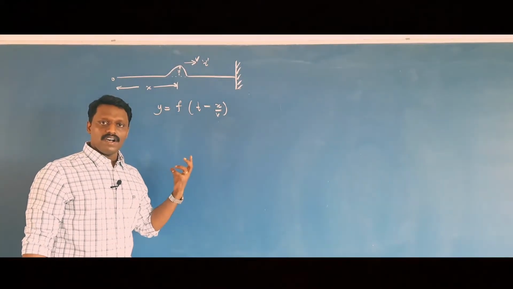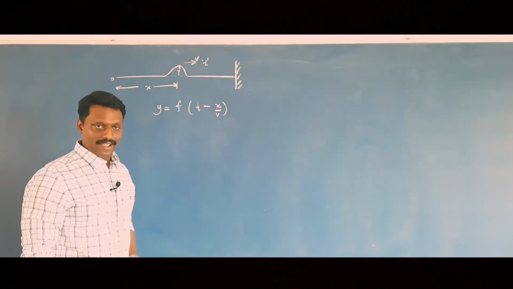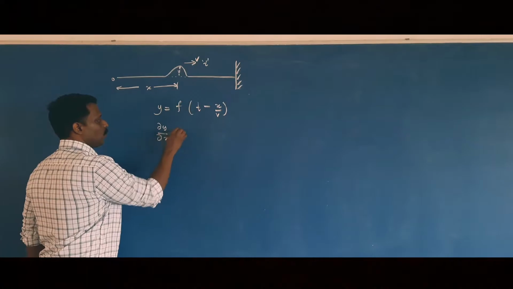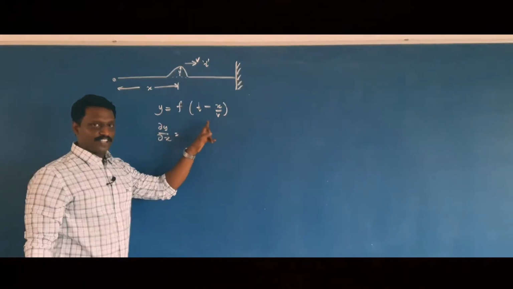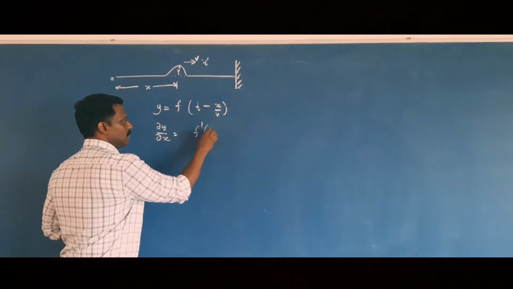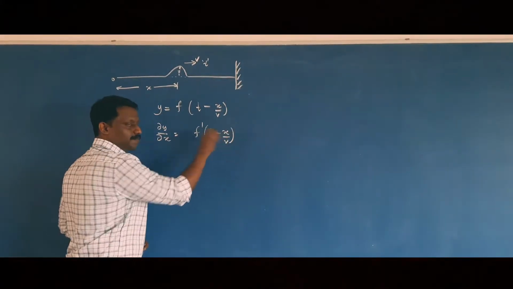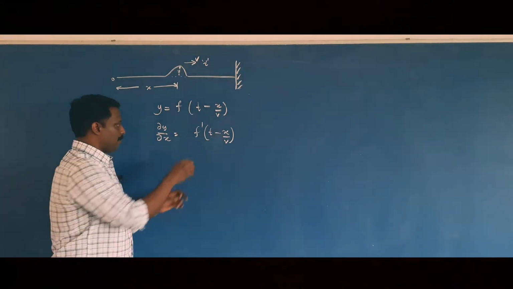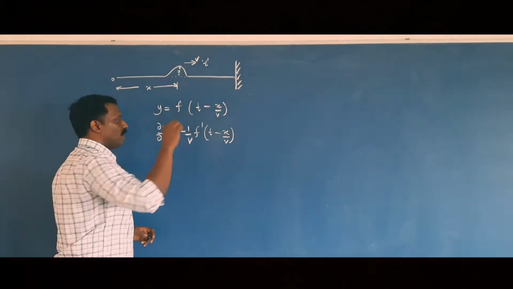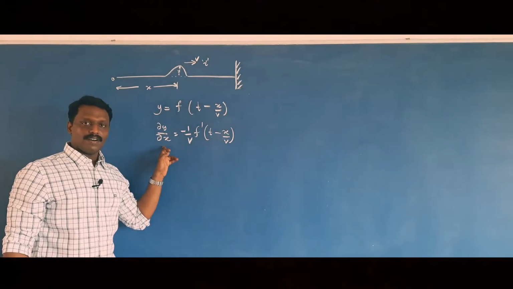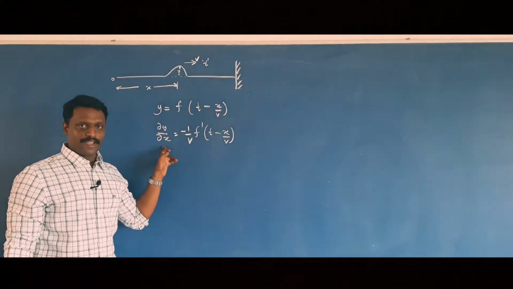So first, differentiating partially with respect to x, dou y by dou x is equal to the first derivative with respect to x. So the derivative of this term is f dash t minus x by v, and we have negative 1 by v to be multiplied. So negative 1 by v times f dash t minus x by v is the first derivative with respect to x.